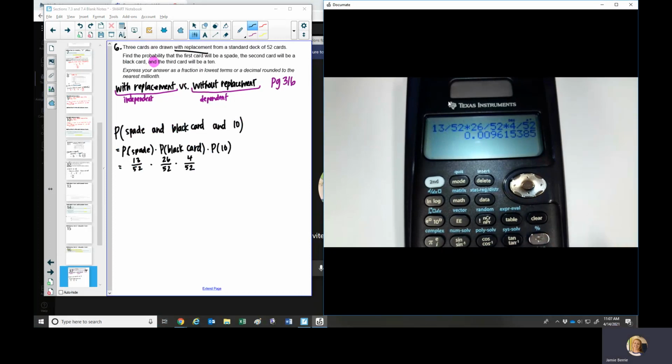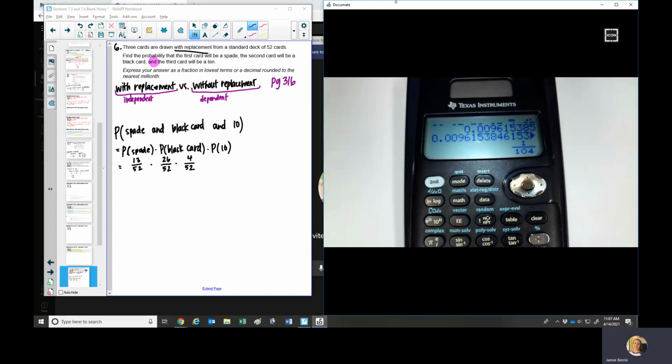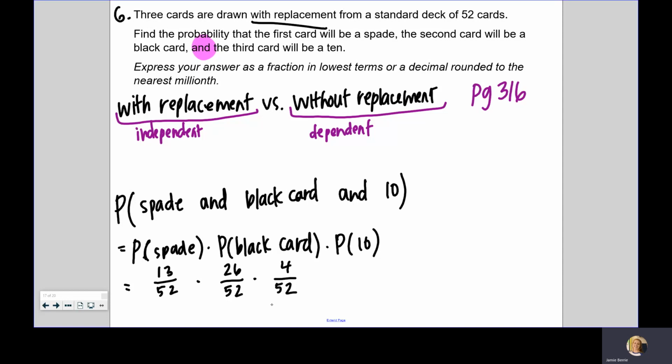Let's see if we can make this into a fraction, just to make it a little easier to write. And there we go, 1 out of 104. So that is the chance of drawing a spade, and then a black card, and then a 10. There's 1 out of 104. Very small chance of that happening.